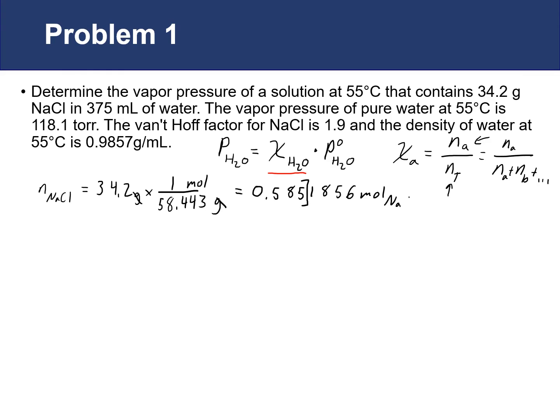But sodium chloride breaks up into sodium ions and chloride ions. If we were dealing with an ideal solution, the sodium chloride would break completely apart into sodium ions and chloride ions, in essence doubling the number of solute molecules as compared to the formula units.